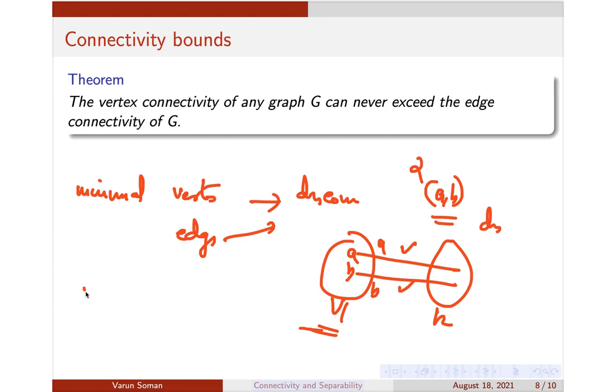Since it is minimal, it will always be less than or equal to the number of edges in the cut set, because from the edges in a cut set, you are looking at one side of the edges to get a set of vertices whose removal will disconnect the graph. But vertex connectivity is the minimal such set. So in other words, vertex connectivity is always less than or equal to edge connectivity.